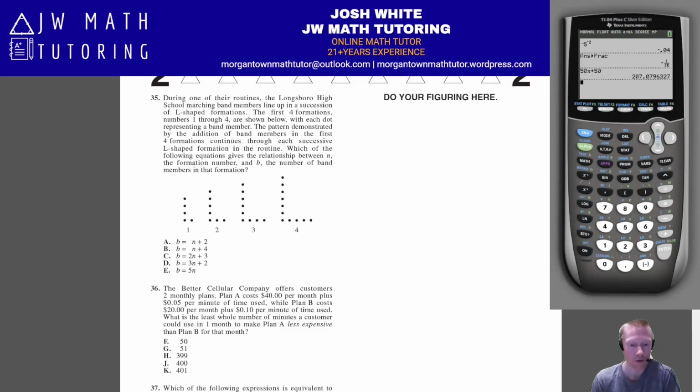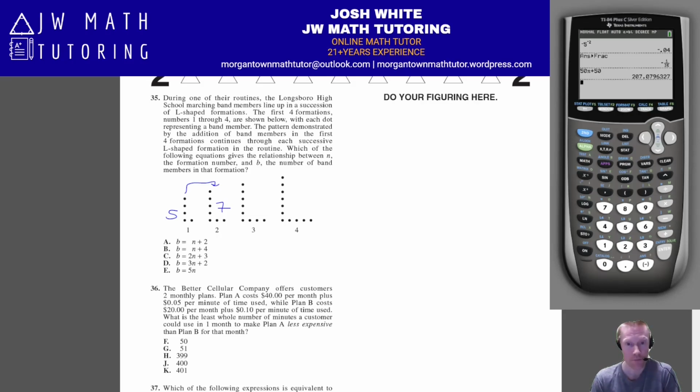One way you could do this one is you could notice, okay, going from 1 to 2, we start with 5 band members, and we end up with 3, 4, 5, 6, 7. So the net increase between the first formation and the second one is 2.